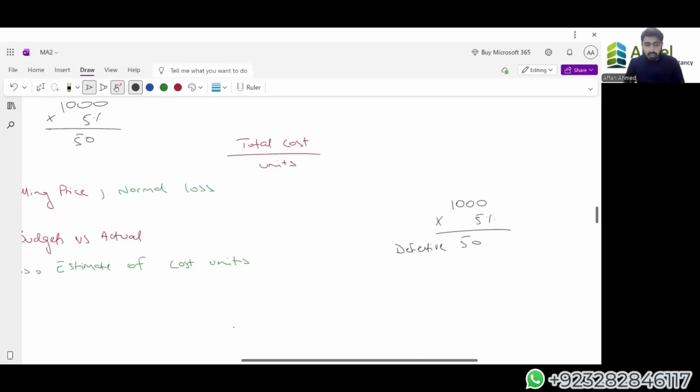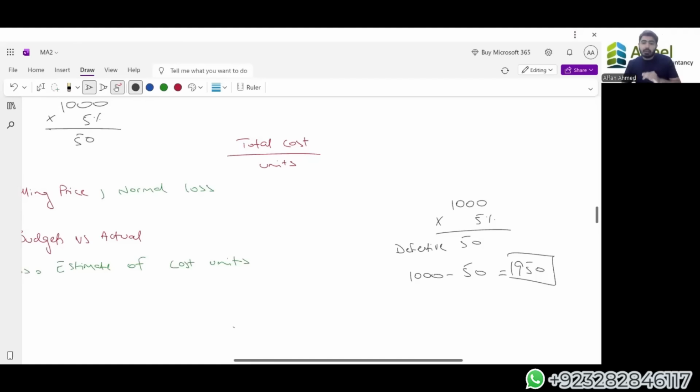How many are those? Those would be 1,000 minus 50, that is 950. So these goods can be sold in the market.